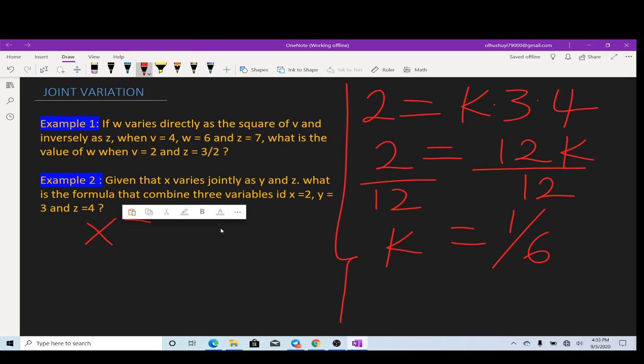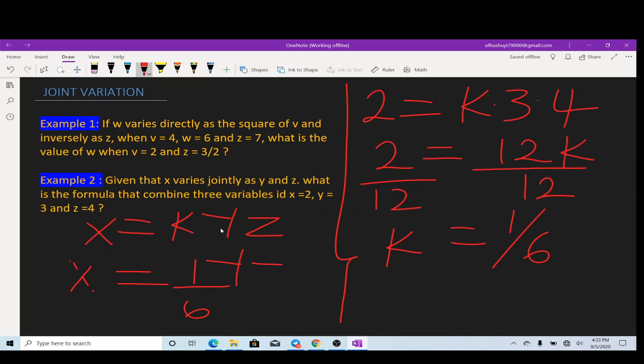Since X is equal to KYZ, your X can be equal to 1 upon 6 YZ.